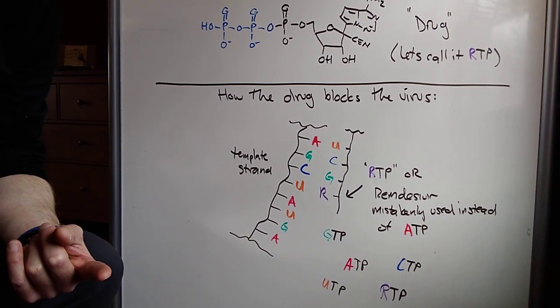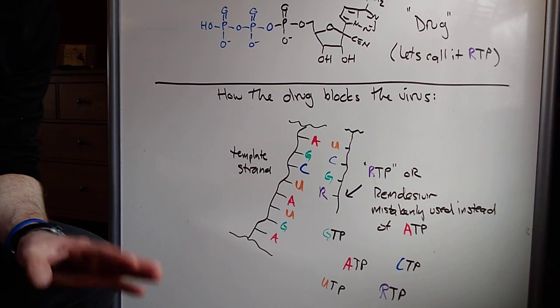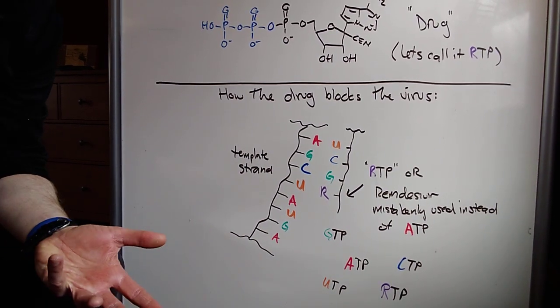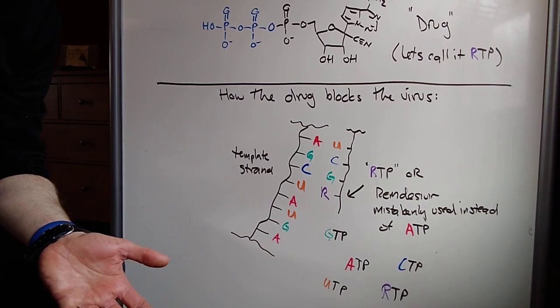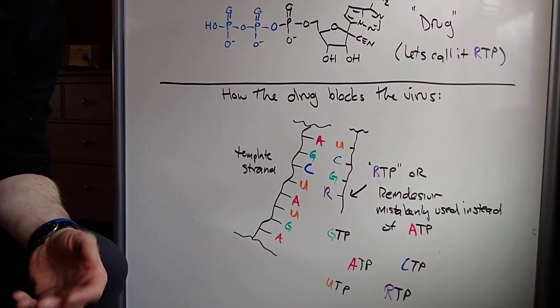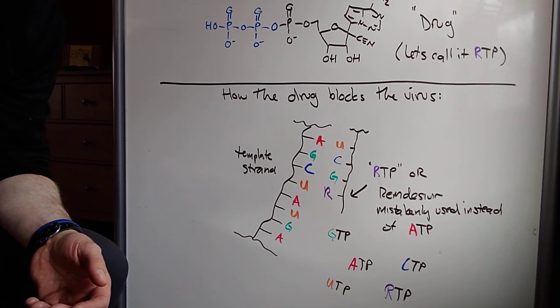When that happens, it causes all kinds of problems with that particular RNA molecule that's now a poisoned genome, which then has cascading effects for viral replication and the viability of the virus.